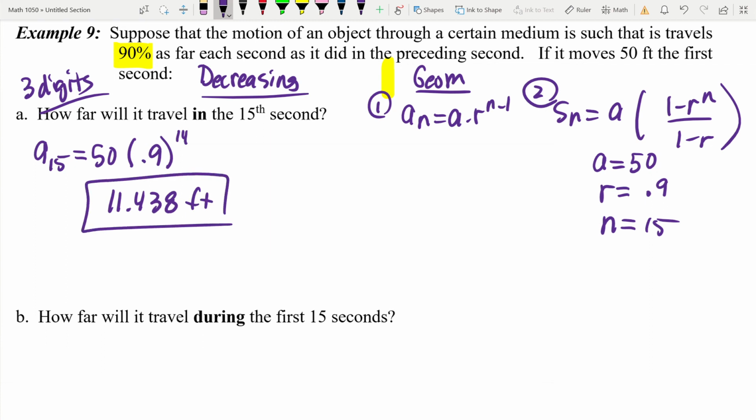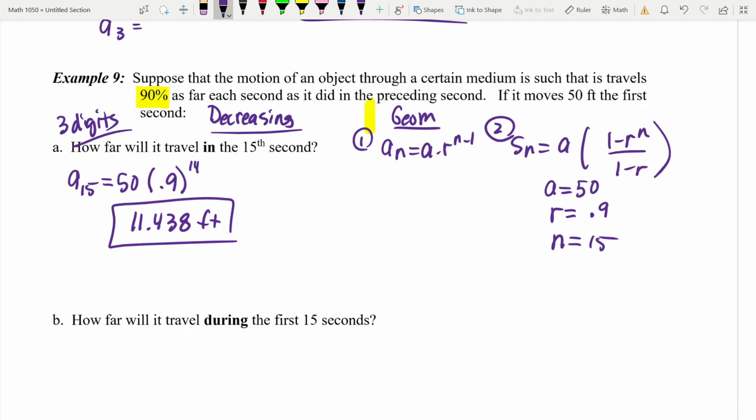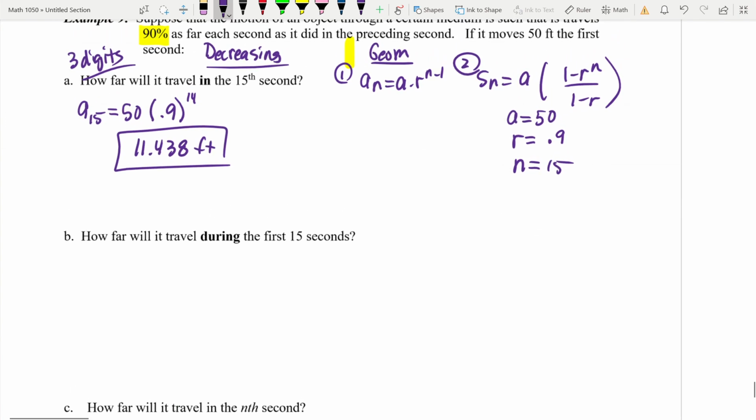Okay, how far will it travel during the first 15 seconds? Tell me which formula, everybody. The second one. So they want from the beginning to the end of the 15th, right?